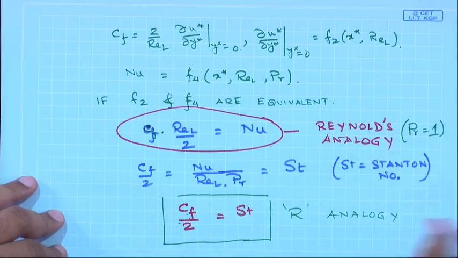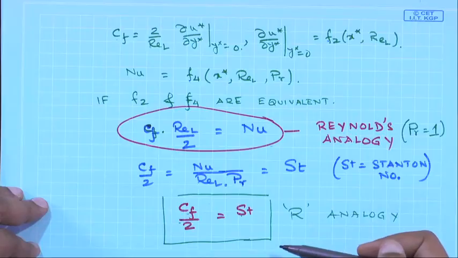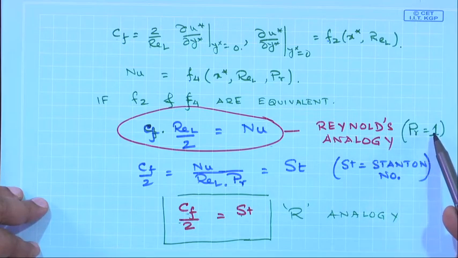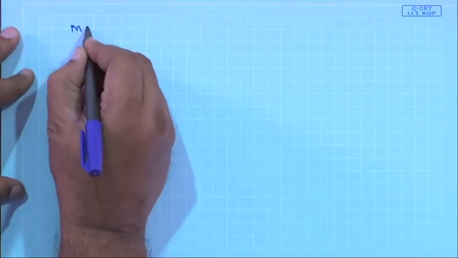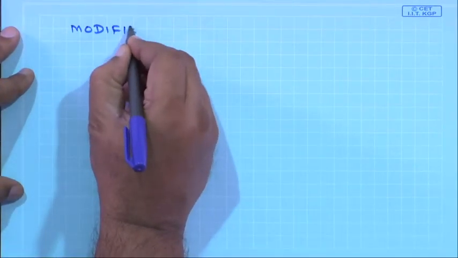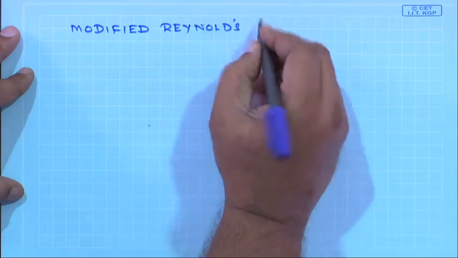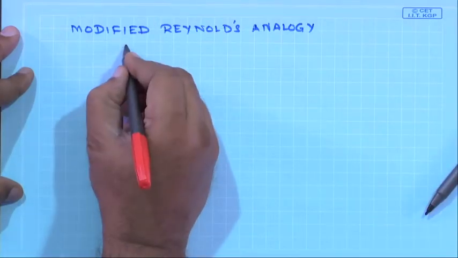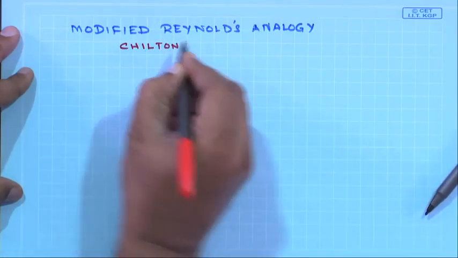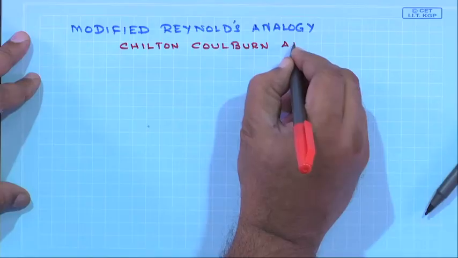So, therefore, in order to extend the validity of Reynolds analogy to fluids whose Prandtl number may not be equal to 1, a correction factor is added to this analogy, and it is called the modified Reynolds analogy, and it is also known as the Chilton-Colburn analogy.